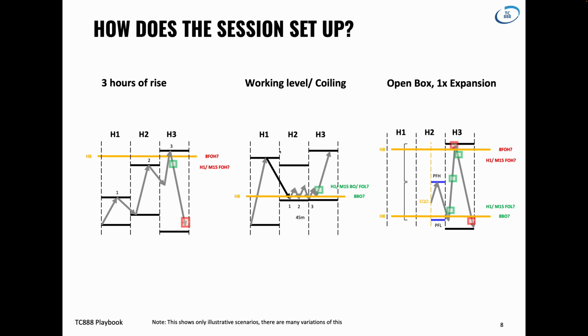Sometimes you have three hours into a level and then a reversal, or my favorite pattern, as you know, the open box. It almost doesn't matter what the first hour did, but very often you get in the second hour a peak formation high, peak formation low, and then it just blows off in one direction, goes one full expansion, then reverses all the way down again.